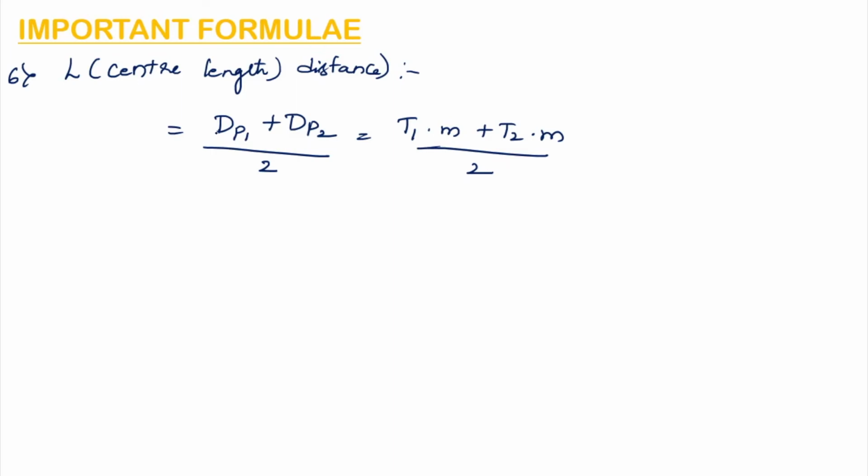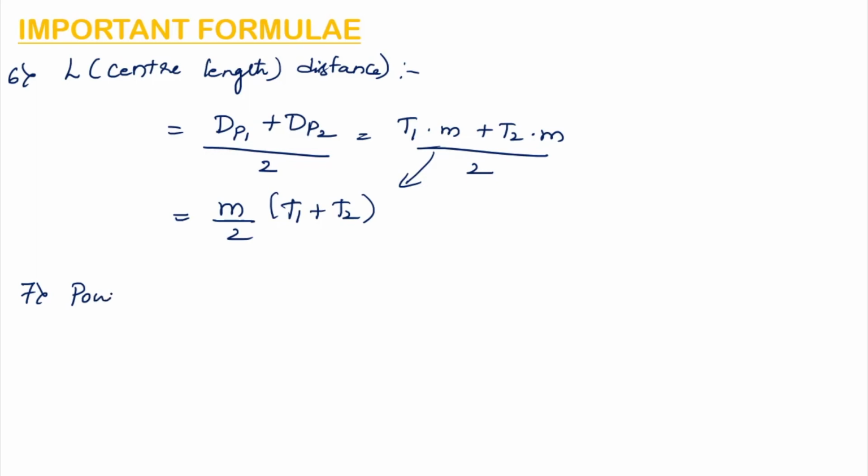Here dP1 and dP2 are the pitch circle diameters of the two shafts, or gear 1 and gear 2, that is the driving gear and the driven gear respectively. So we can write this as m by 2 into T1 plus T2. This formula can be written like this.